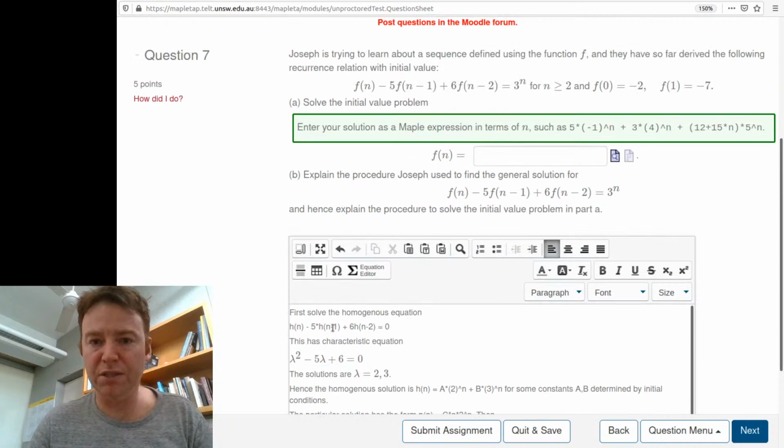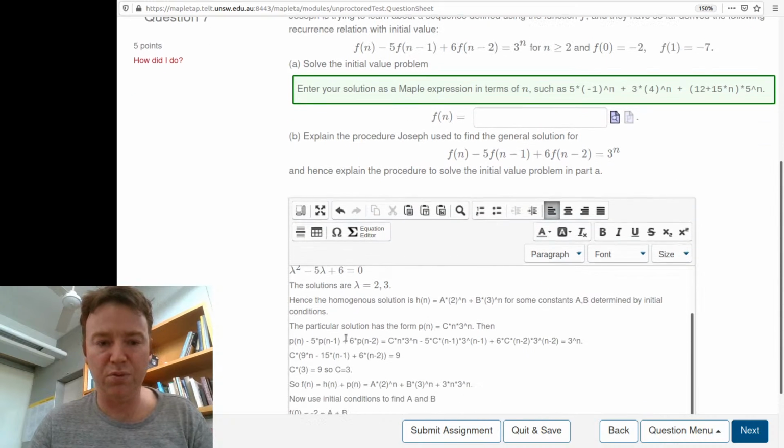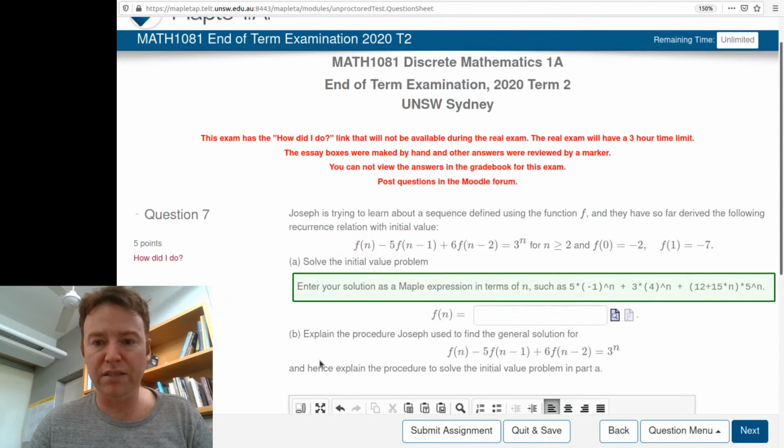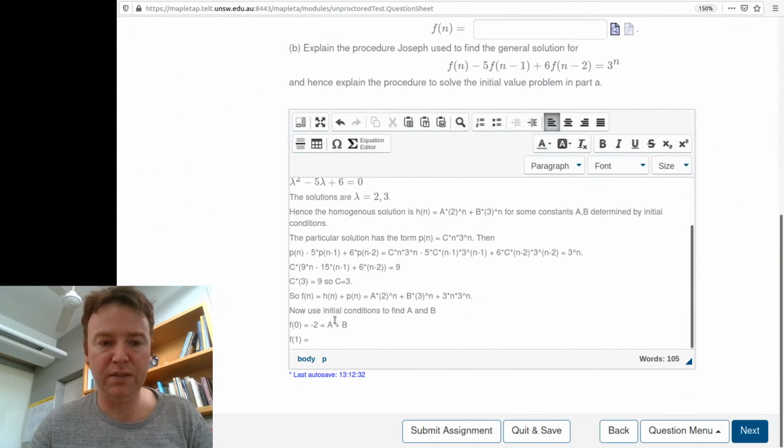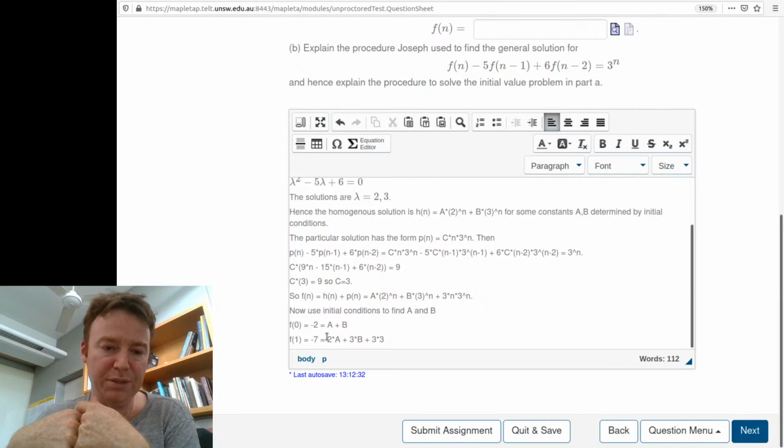F of 1 equals, what was f of 1 supposed to be? And that's a minus 2. And f of 1 is minus 7. There you go. Minus 7, and that's equal to 2 times a plus 3 times b plus 3 times 3, which is 9. Okay, so presumably we can solve this.